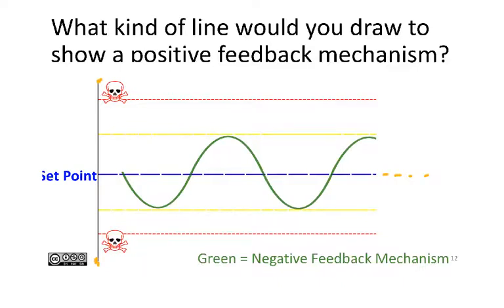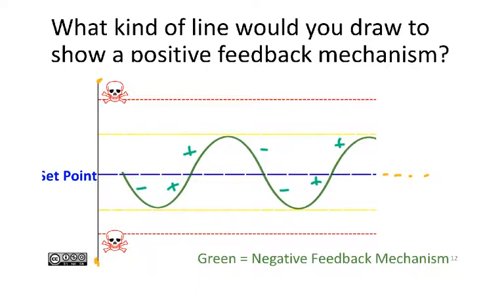Okay. So if I want to show on a graph, remember with negative feedback, we've got change in the opposite direction. Positive feedback, you have change in the same direction.